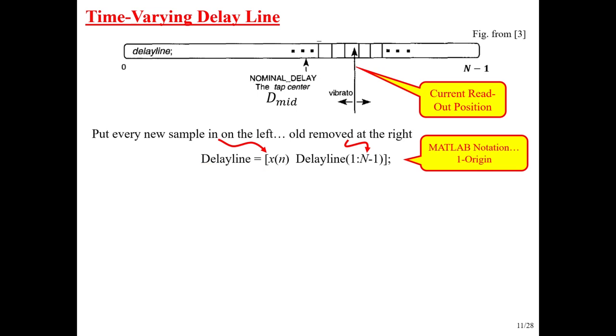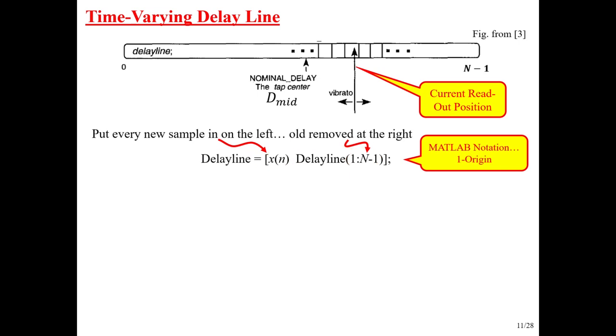But the idea is that we've defined a delay line variable, and it has n elements in it, so we drop the last one off, and then we stick it inside the new delay line with the newest sample at the beginning. So that is how we do that.